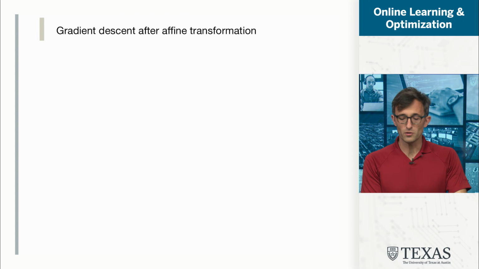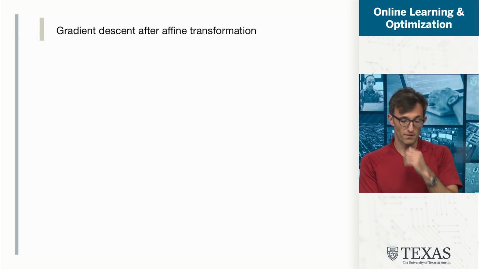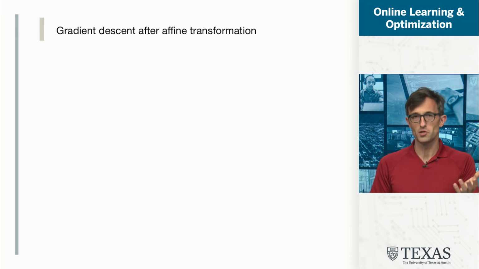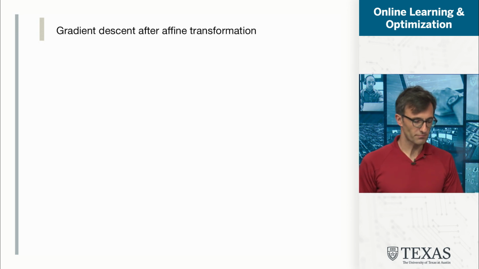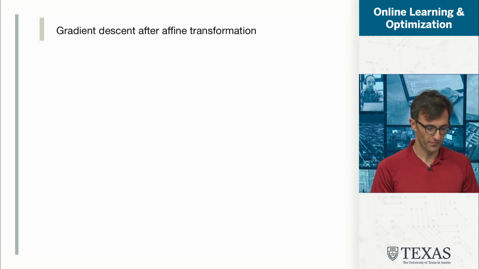So one question that we should ask ourselves is, what happens if we do an affine transformation? In other words, suppose I have this problem, minimize f of x. And what I mean by affine transformation is I'm going to rescale space.